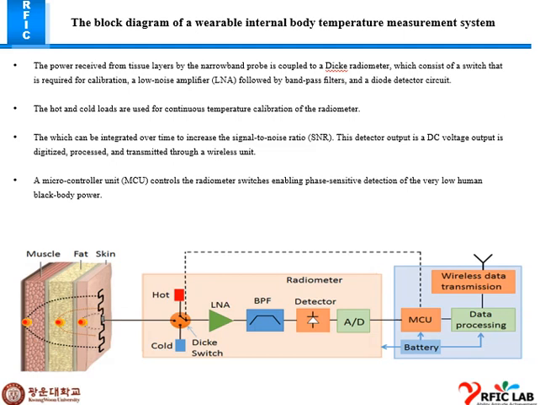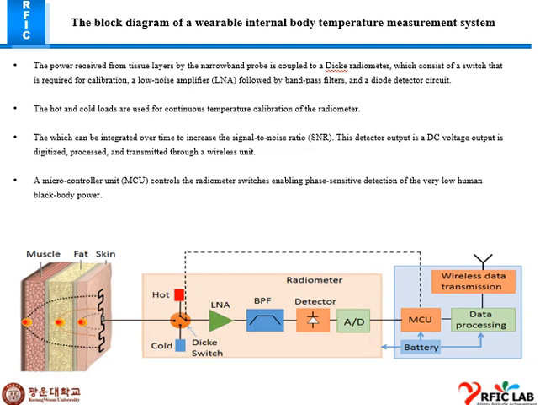Now you can see the block diagram of the wearable internal body temperature measurement system. In this, you can see the muscle, fat, and skin. I will explain this block diagram.